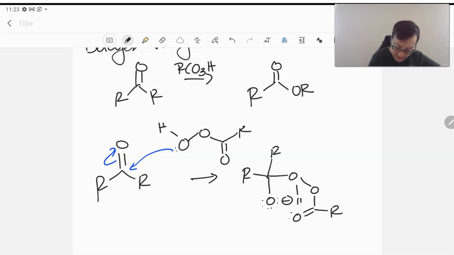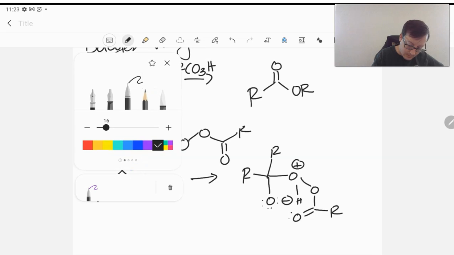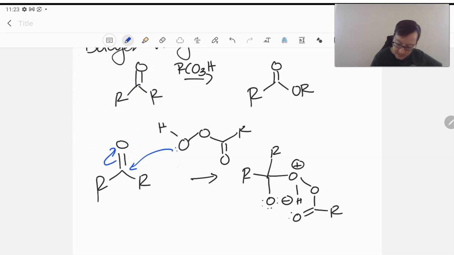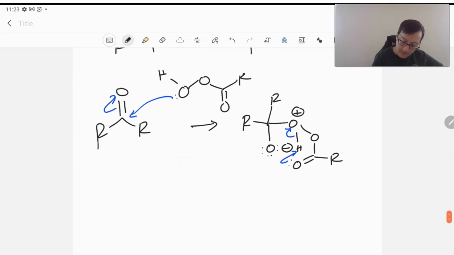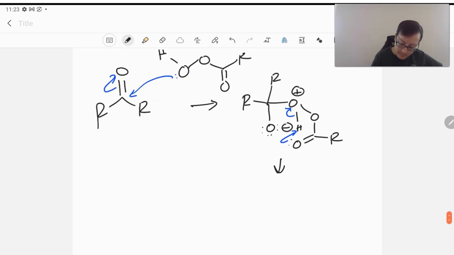That's still on our oxygen, which can then be attacked by the carbonyl. It pops that open, and in doing so, we end up with now our alkoxide.